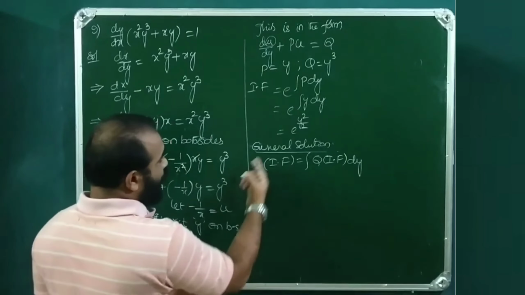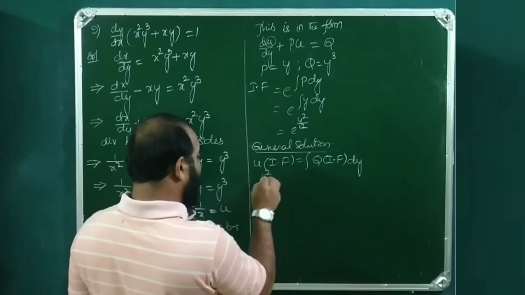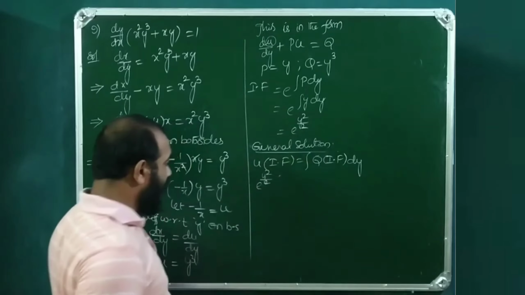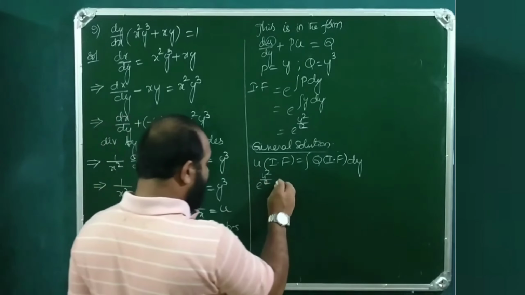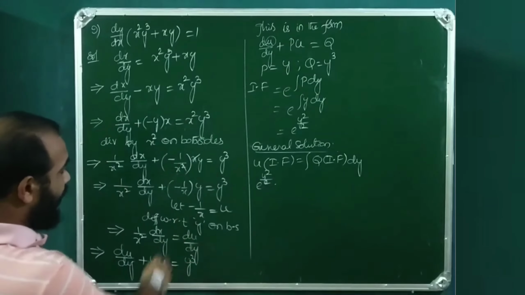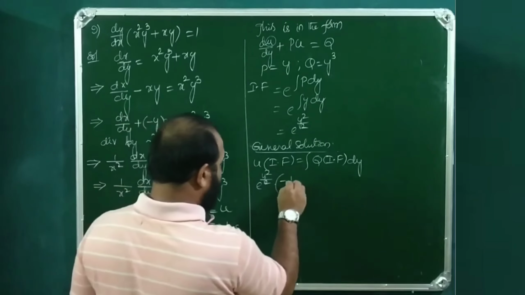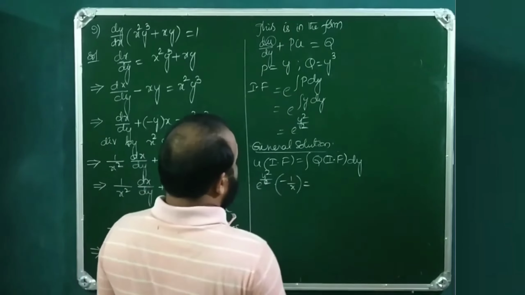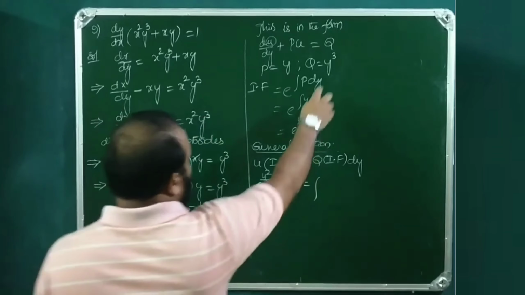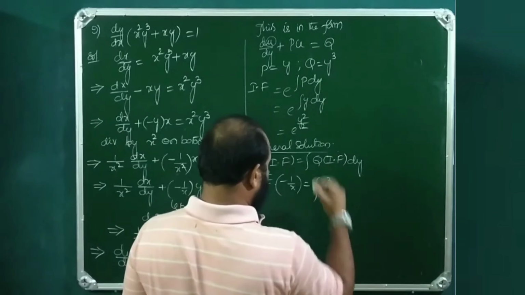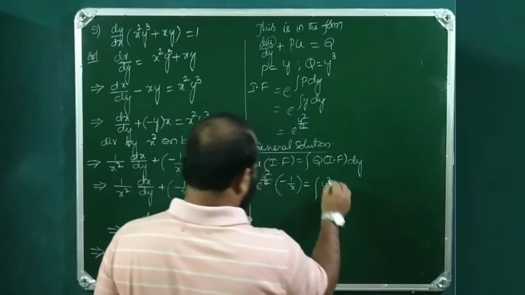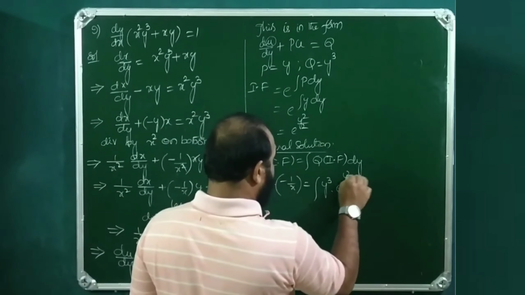So u is e^(y^2/2), and what is u here? -1/x. So -1/x e^(y^2/2) = ∫ y^3 e^(y^2/2) dy.